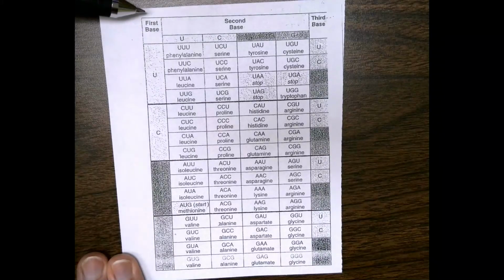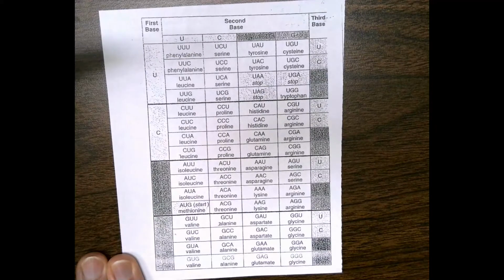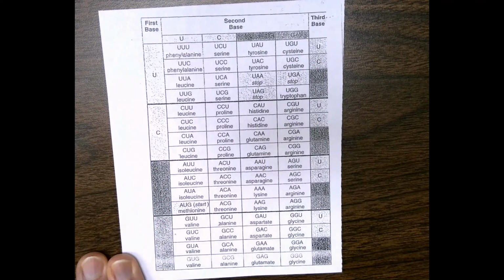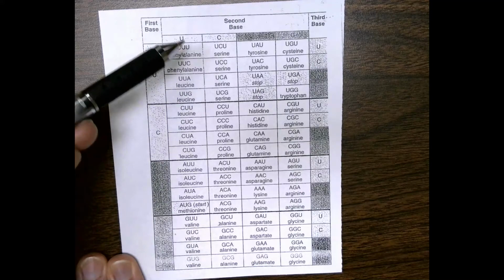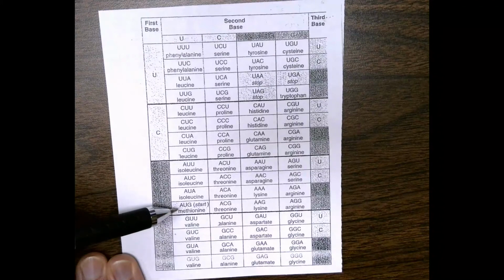So how do we read this one? Notice it says first base, second base, and then third base going across the top. So you read your first base down the left column, second base across the top, and then third base going down the right, okay? So let's start with, I want you to find AUG. Okay, A, U, then we follow down into the A region, G, okay?